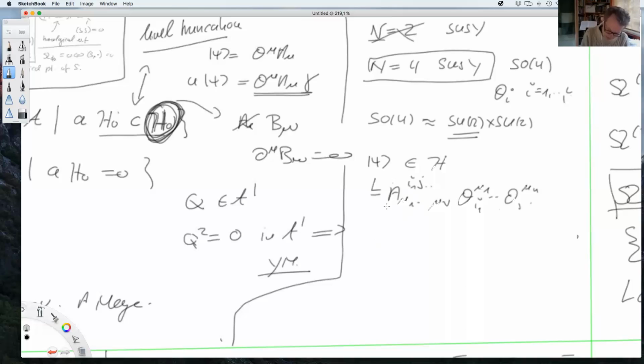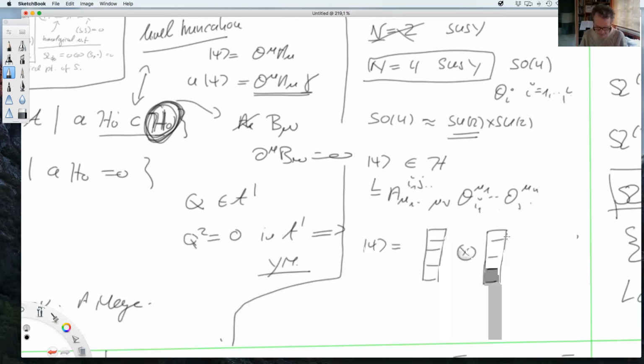So the general state psi is of the following form: one copy of this SU(2), and then another copy of the other SU(2). Now we can start putting restrictions on it.